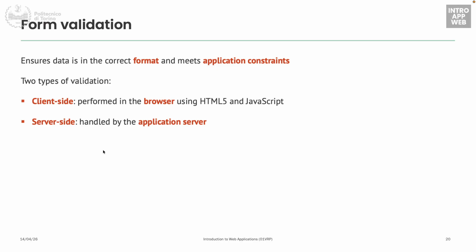So the form validation is super important because we are collecting data from the users and we have to make sure that the data being submitted by the users is valid data, okay? We can't assume that the users will, by default, insert valid data.